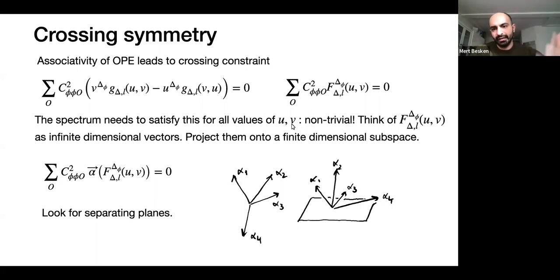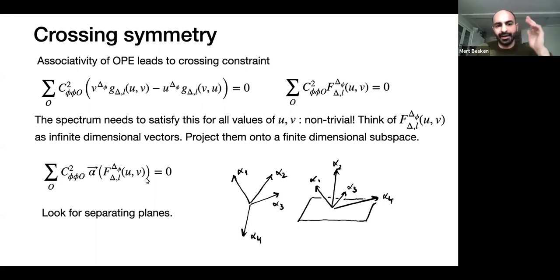You can think of these f functions, crossing functions, as infinite dimensional vectors, and to be able to extract some useful information from them, you need to project them onto a finite dimensional subspace.